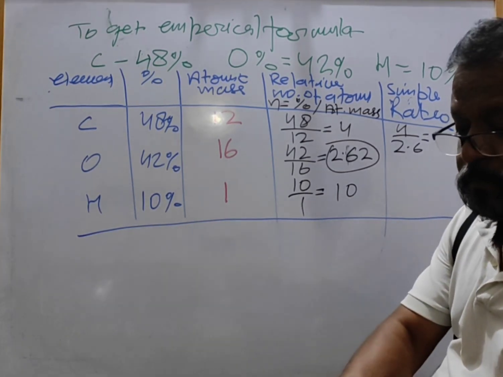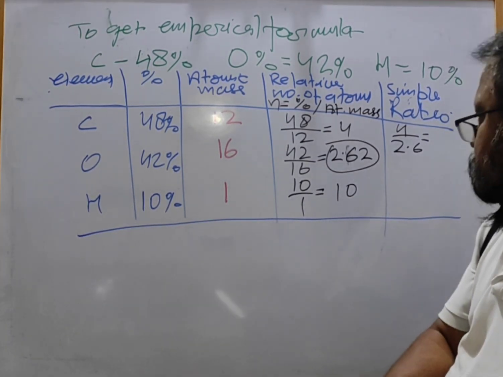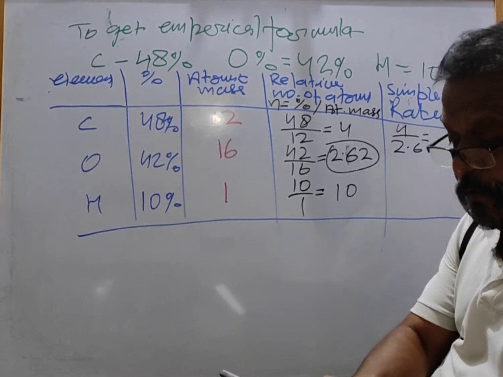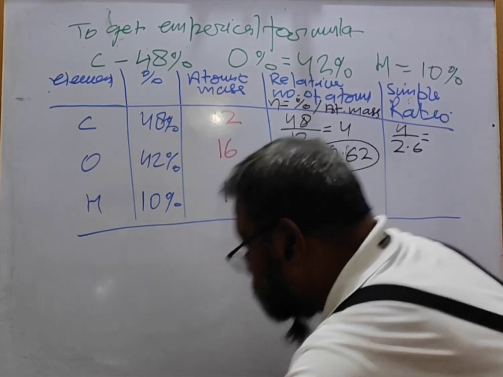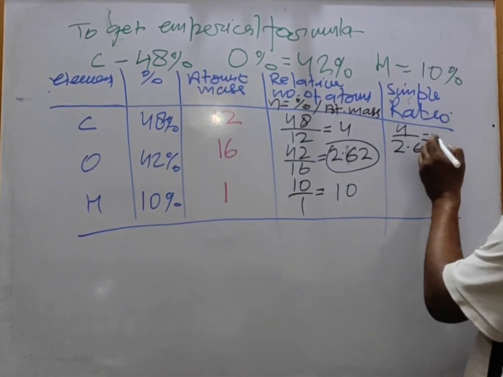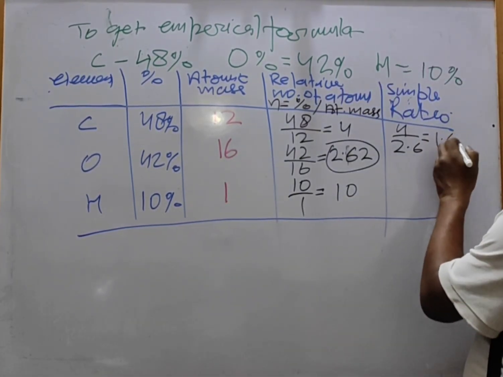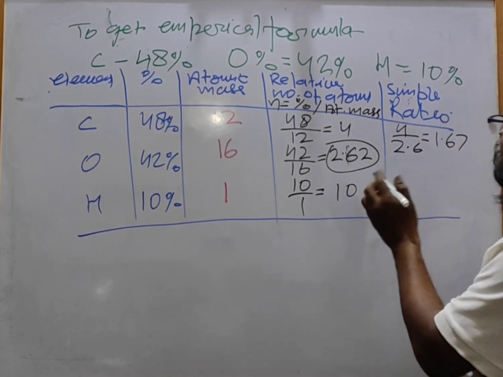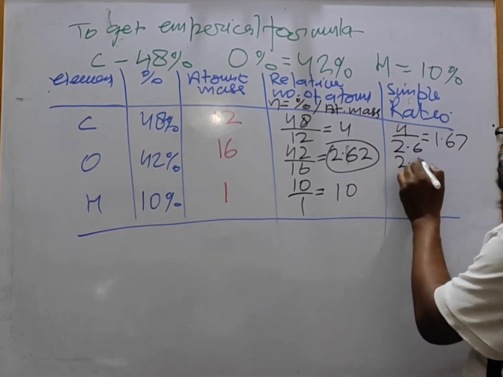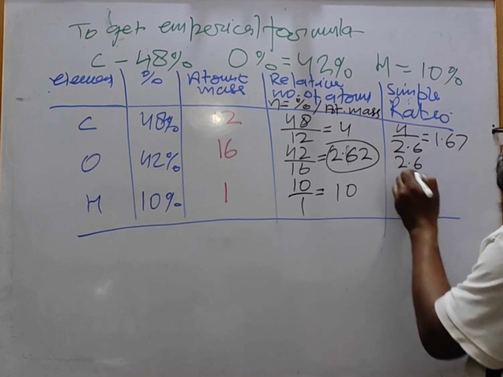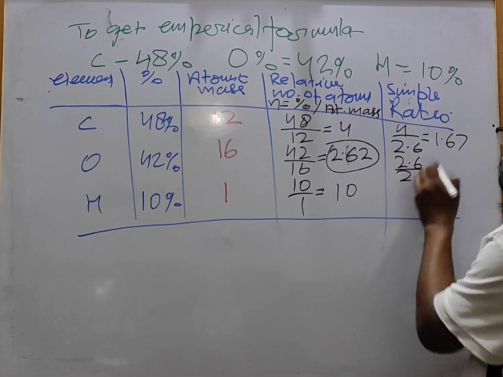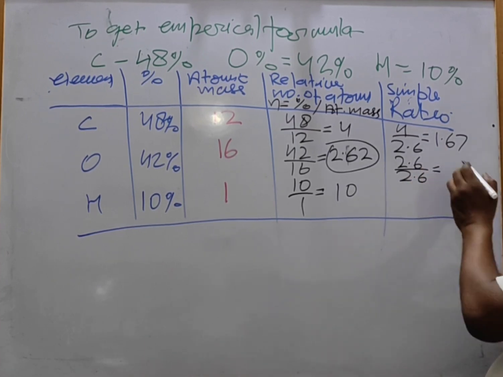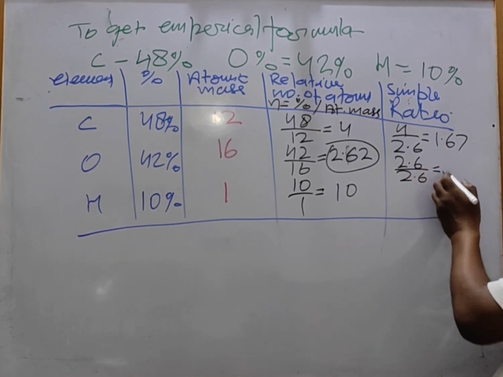It is 1.66, approximately 1.67. 2.6 divided by 2.6, we get 1.